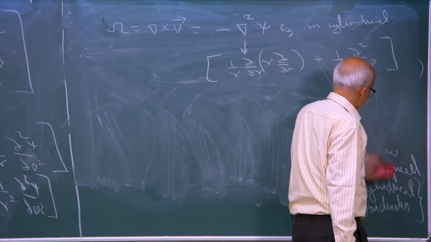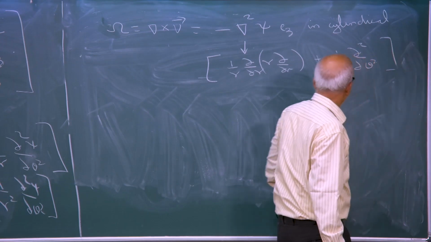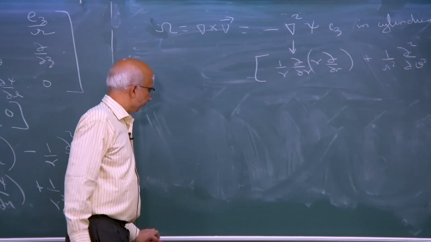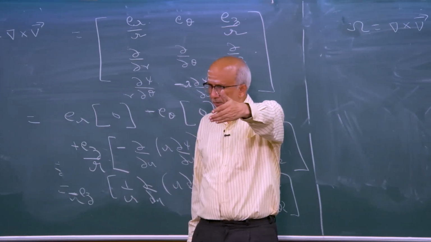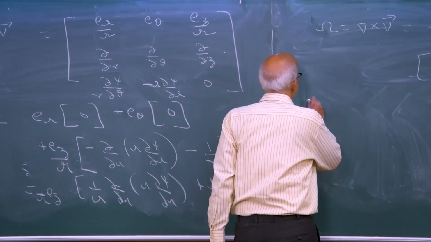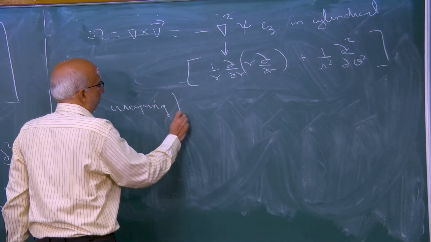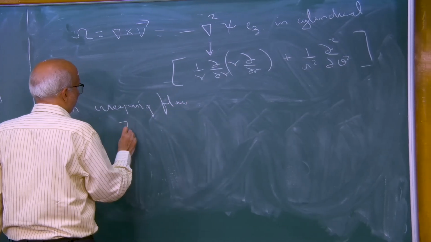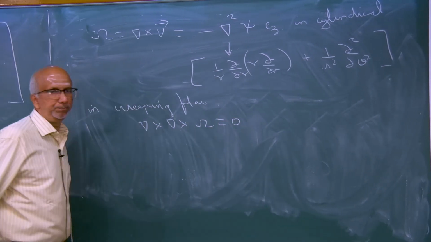Okay, good. I'm very pleased. I don't think I made any mistakes today. If you look at what we did earlier, omega was minus del square psi. So now in creeping flow, curl of omega will be 0.